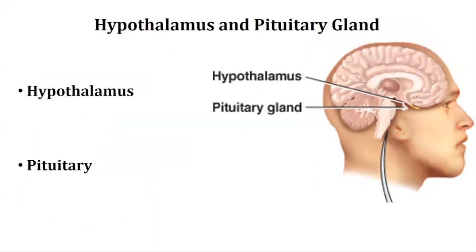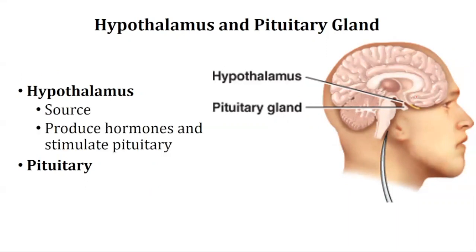All right, so what's the relationship between hypothalamus and pituitary gland? We know that hypothalamus is the real master, but what does that really mean? Hypothalamus is the source of many hormones, the real origin of all these hormones. Hypothalamus can produce two types of hormones in the context of its relationship with pituitary gland.